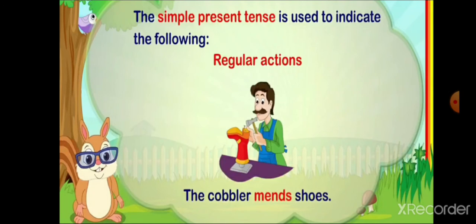Whenever we talk about a regular action, means the action which we perform on a regular basis, at that point of time we have to use simple present tense. See the example, the cobbler mends shoes. Means the cobbler mends shoes on a regular basis. It is the work of a daily basis. At that point of time, we have to use simple present tense.